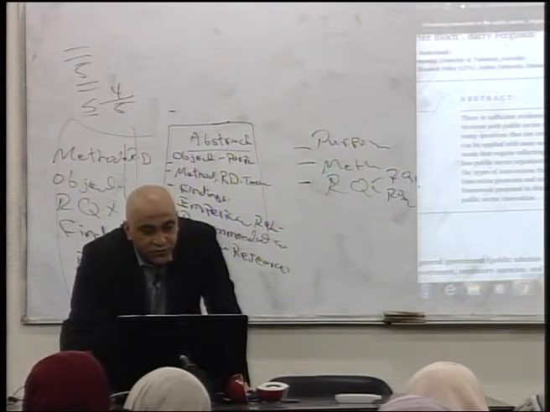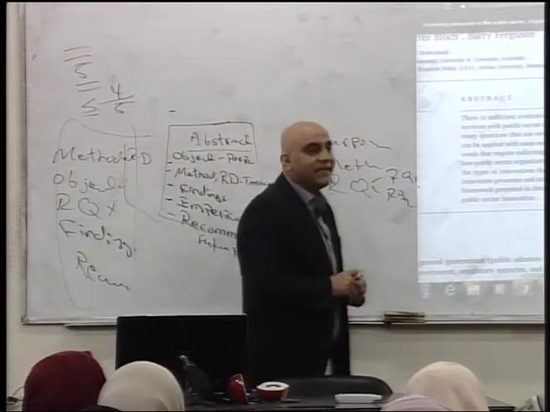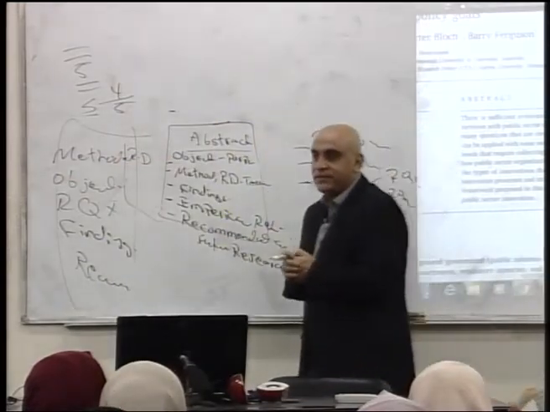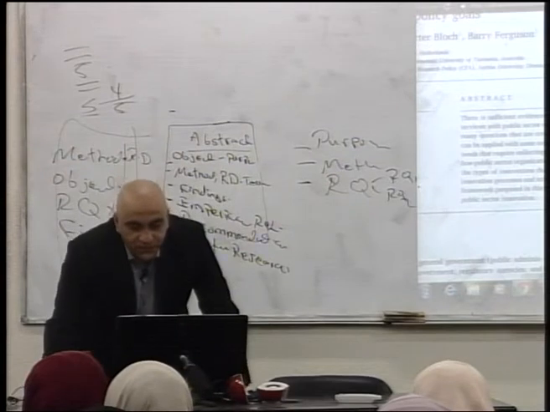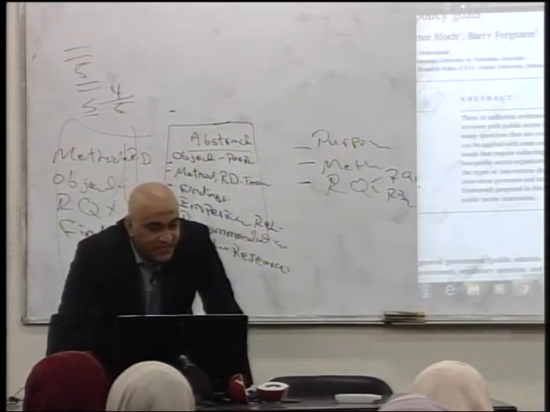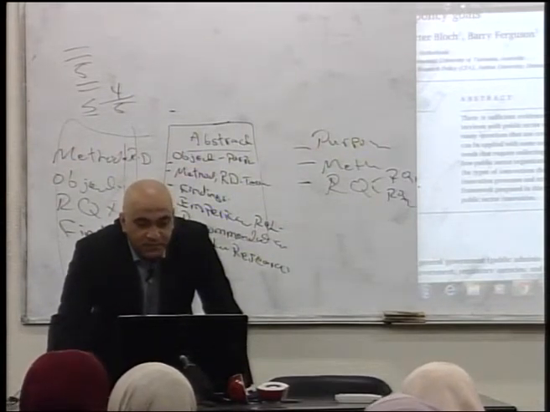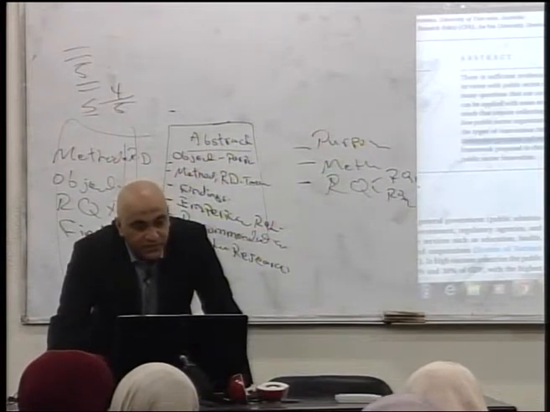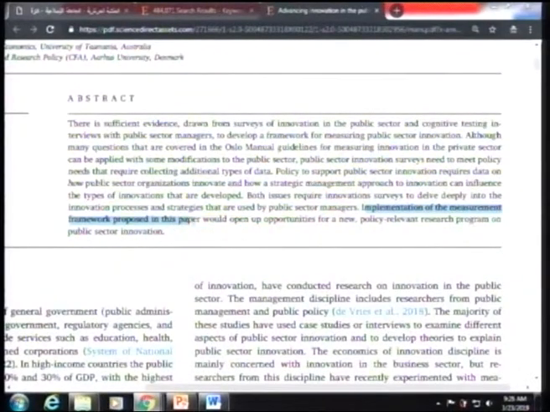Both issues require innovation surveys. Surveys are a method to delve deeply into the innovation process and strategies used by public sector organizations. Implementing a measurement framework in this paper would open opportunities for new policy.